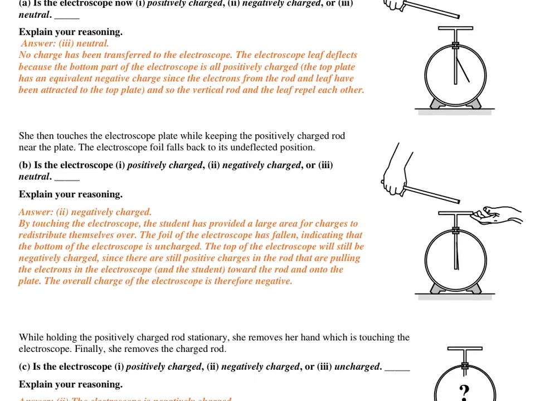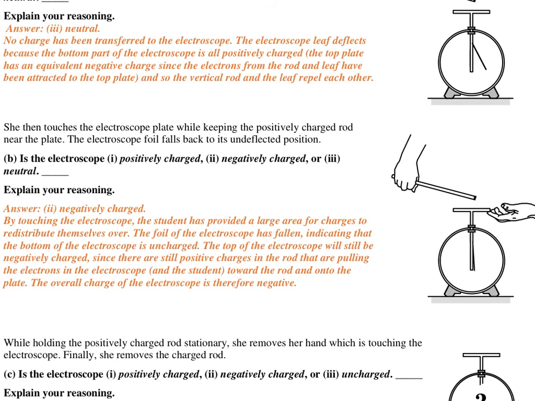Now part C, while holding the positively charged rod stationary, she removes her hand, which is touching the electroscope. Now, we already have the answer to this. If before she removes her hand, the overall charge on the electroscope is negative, what's going to happen when she removes her hand?